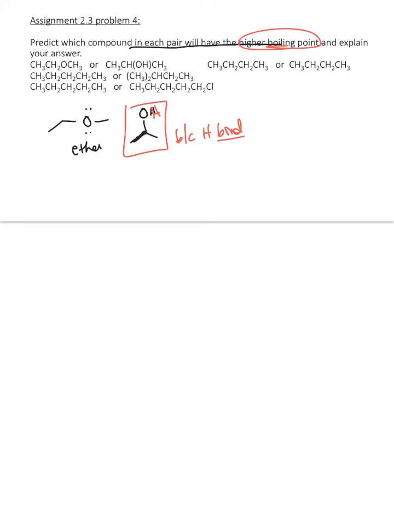All right, the next one here, 1, 2, 3, 4, 1, 2, 3, 4. These are the same compounds, so they're going to have the same boiling point. This one here is 5 carbons, 1, 2, 3, 4, 5. This is called pentane.